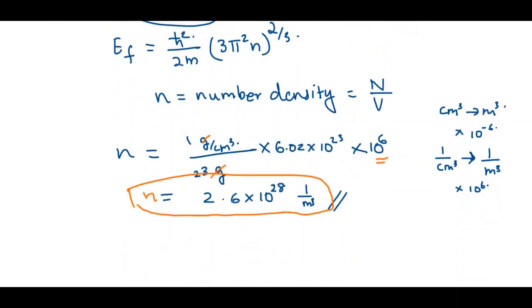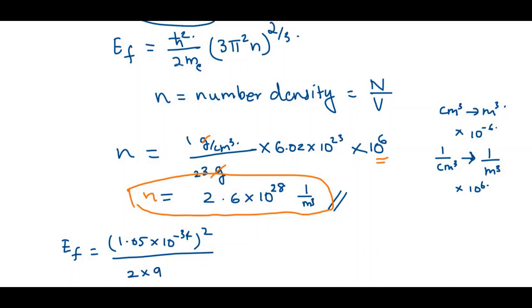So EF, Fermi energy, is equal to ħ², where ħ is 1.05 × 10^-34, whole square, divided by 2m, where m is mass of electron.